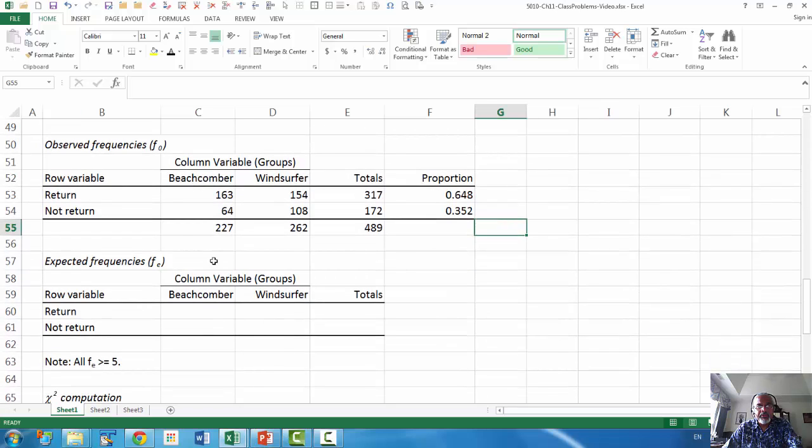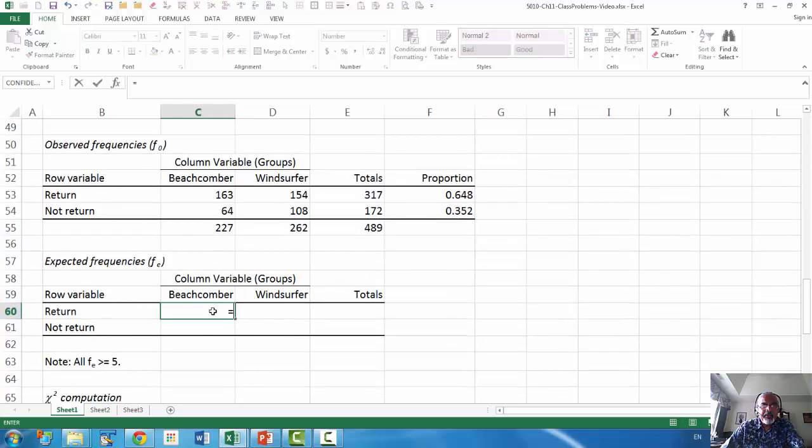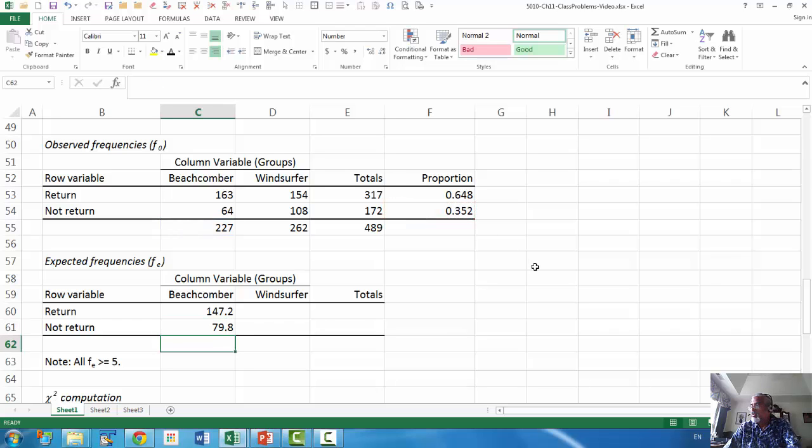The expected frequencies will be, you take each n here and multiply by p bar. If you then take n sub 1 multiplied by 1 minus p bar, that will give you the expected frequency for no return.